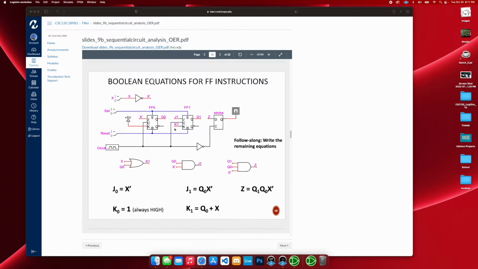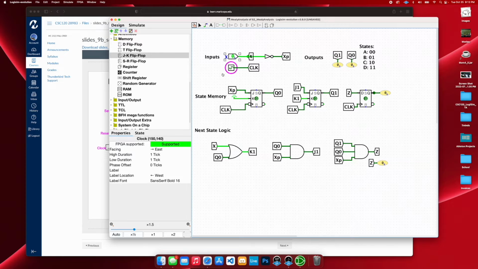Similarly, K1 is equal to the state code Q0 plus the input X. Then we can find our equation for our output Z: Q1 and Q0, both state codes, are ANDed together with X prime. All of these have to be true for our output to be equivalent to 1, as we have seen previously in the Mealy machine that we built.